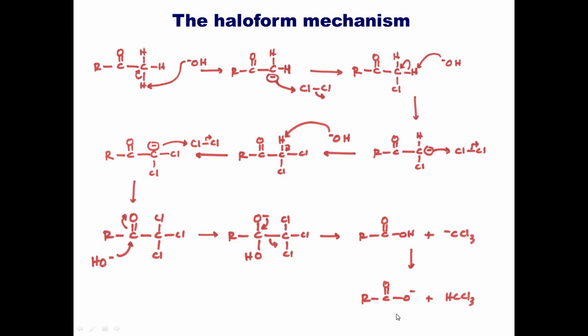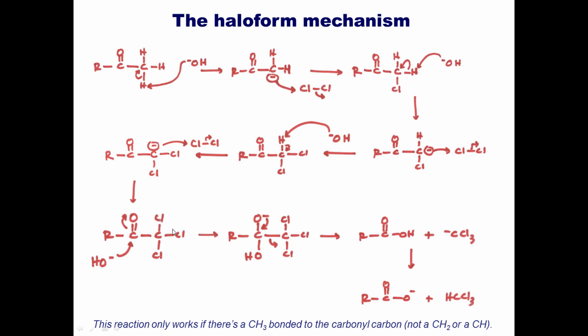The reason that we have to quench this reaction ultimately with acid is to protonate this carboxylate and get out our carboxylic acid product. Once again, as I've pointed out, this reaction only works if there's a CH3 at the beginning. It does not work if there's just a CH2 or a CH. Why?